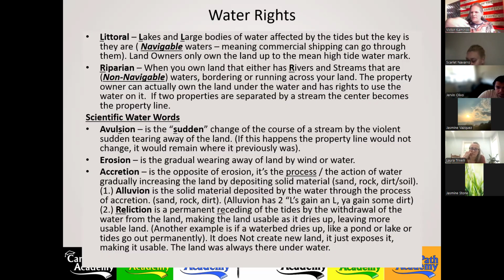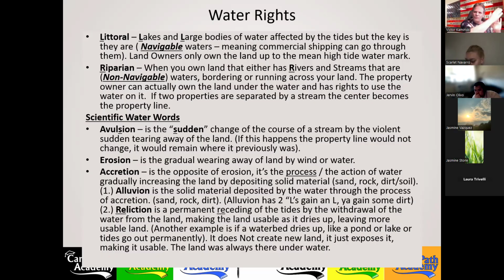It doesn't want to go around the bends as much, so where you see a curve, the water hits that land next to the curve harder, and sometimes it breaks through it, and the water now flows a more direct route. Water still flows through the bend, but it's mainly now going through the direct route. And that bend sometimes creates a small lake, what's known as an oxbow lake.